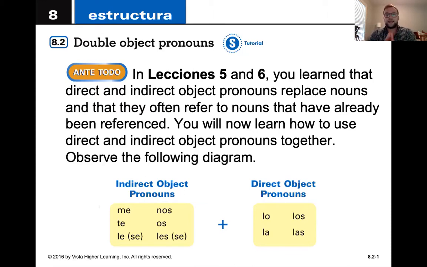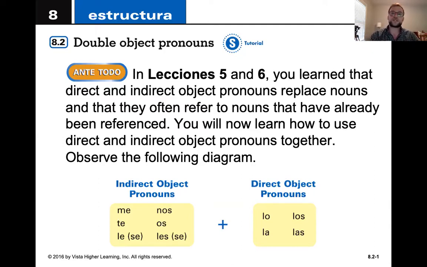Él trae el bebé a mí, right? So, me lo trae, or you can also say, he brings me you, or he brings you me, right? So we can also use our direct object pronouns as me, te, nos, and os. So they're the same for the first and second persons. Es lo mismo en la primera y segunda persona, los objetos indirectos y los objetos directos, okay?